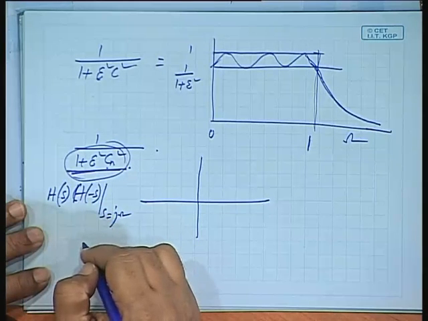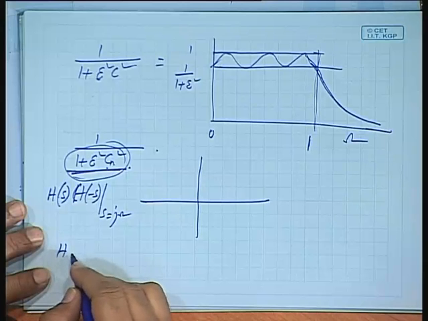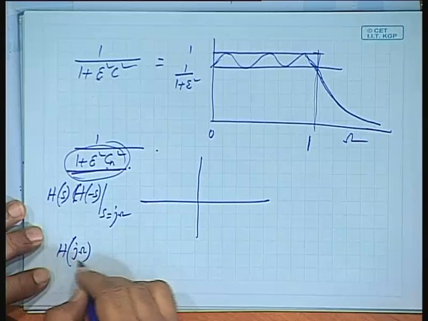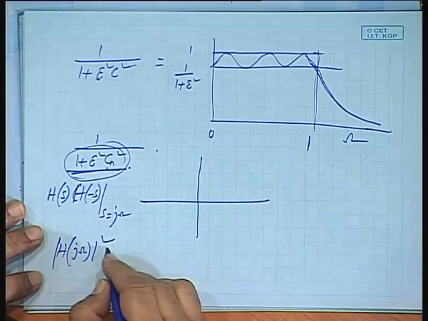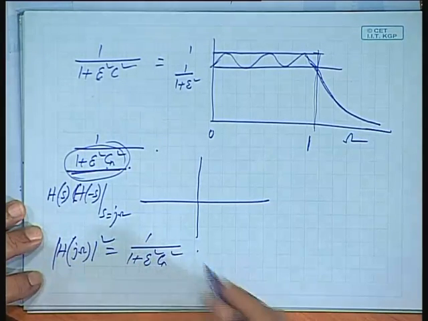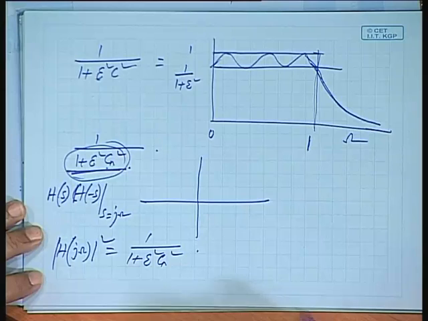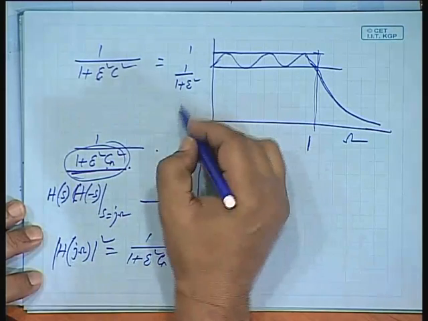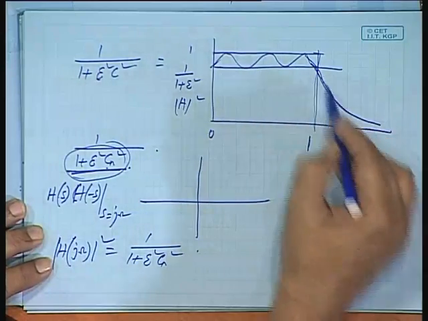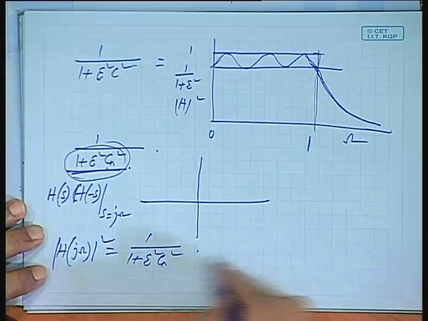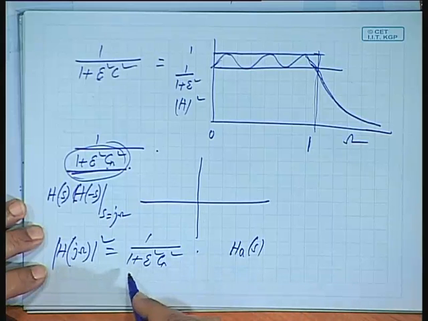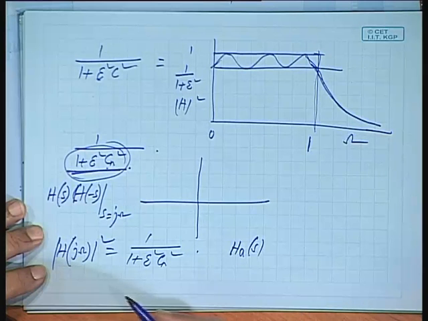H(j omega) magnitude square is 1 by 1 plus epsilon square cn square. And we find this function has a characteristic like this. So what will be the corresponding analog filter function? In the case of the Butterworth filter, what did you do?